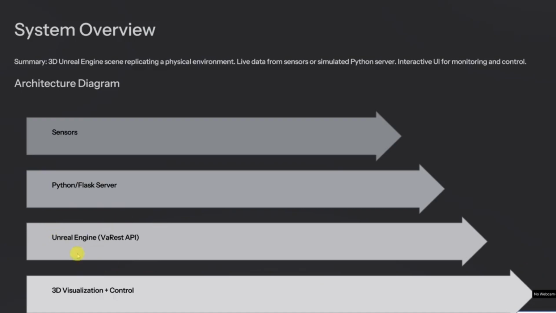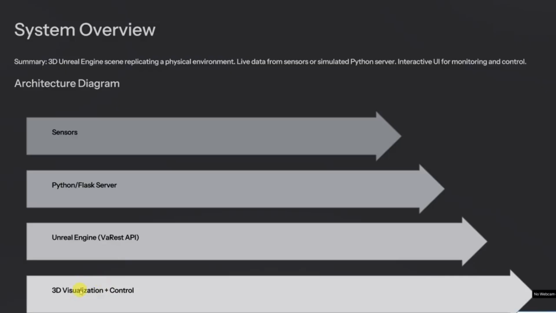Unreal Engine is the core thing we need, and then the VaRest API, which is a plugin available in the marketplace, so we can download it and add it to the project. And finally, the 3D visualization scene we took from the marketplace.